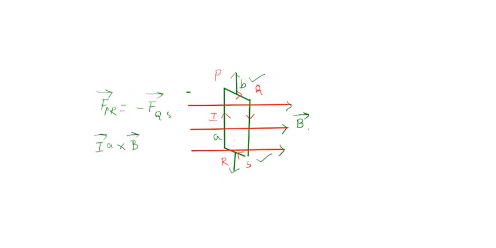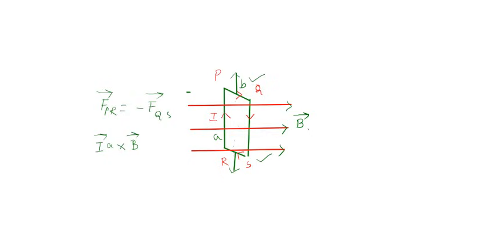So now you can see here these I and B will always be perpendicular to each other. Whatever be the orientation or the position of the loop, these two, I and B, are always perpendicular like this.